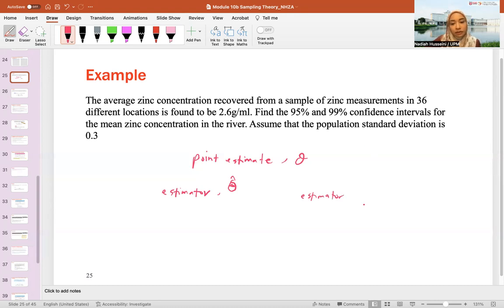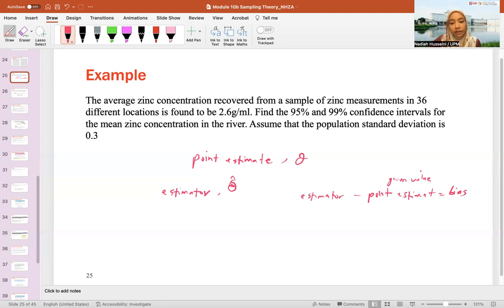And from here, if we subtract the point estimate from the estimator, we would get the bias. Okay, it's in the notes from last time. Estimator minus the point estimate. This is a given value, and this is the equation, and we're finding the value using the equation.